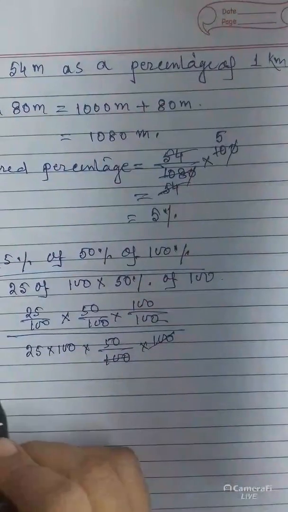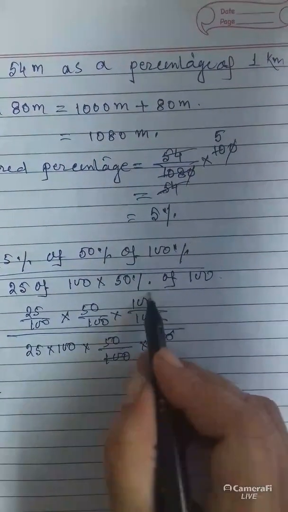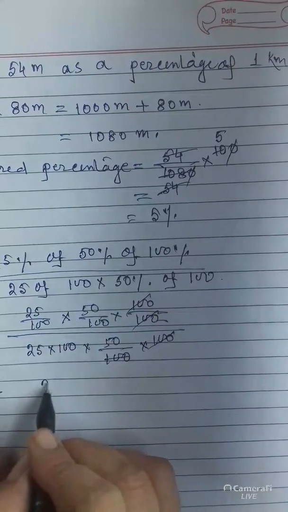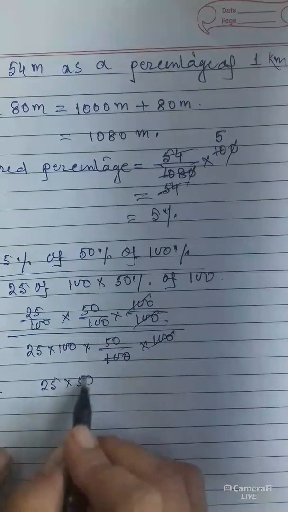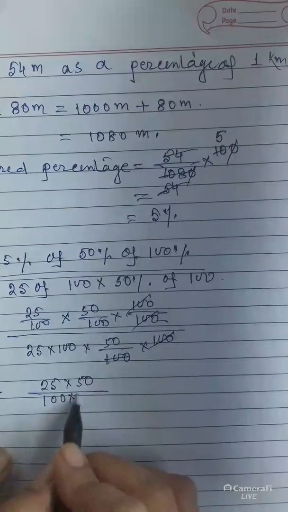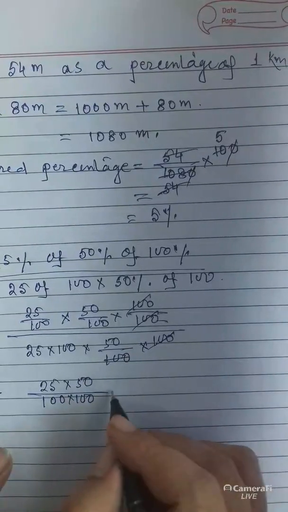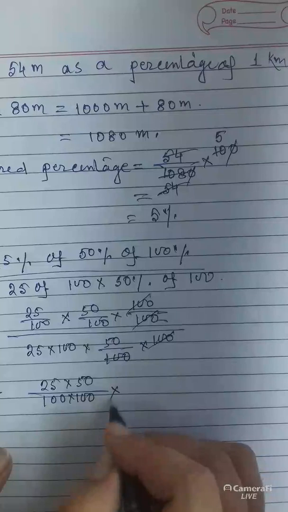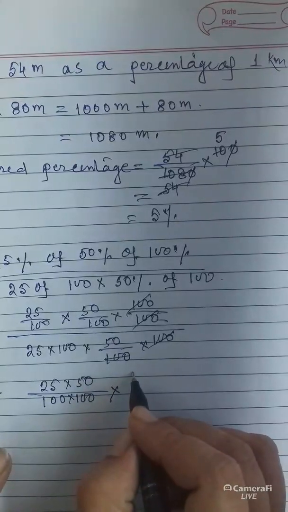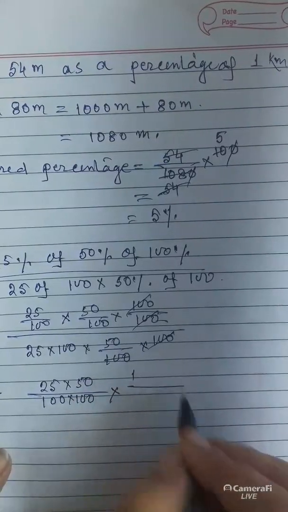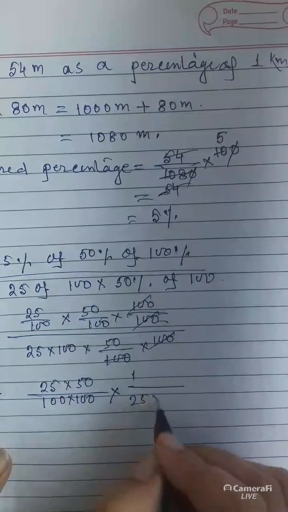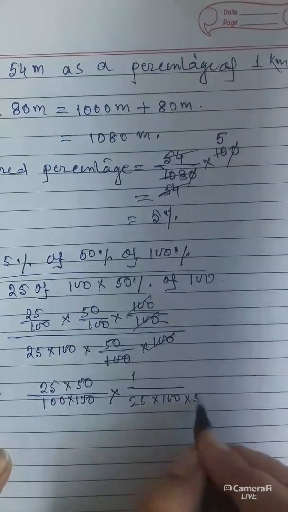So 25 into 50 into 100 by 100 into 100 into 100. 100 cancel.